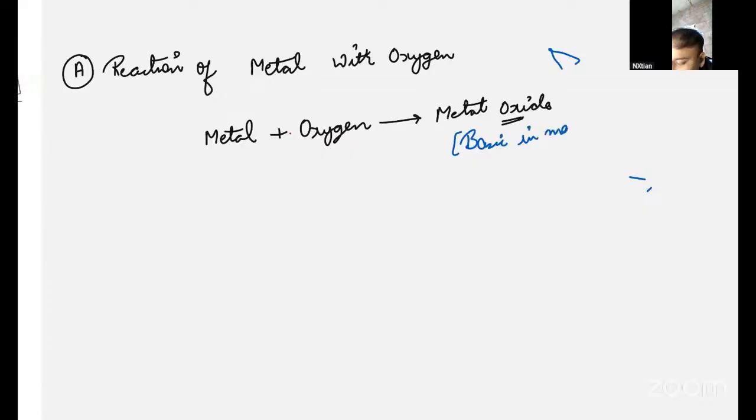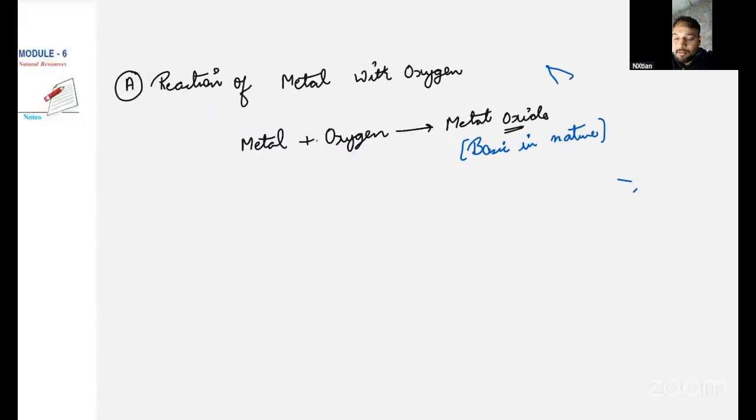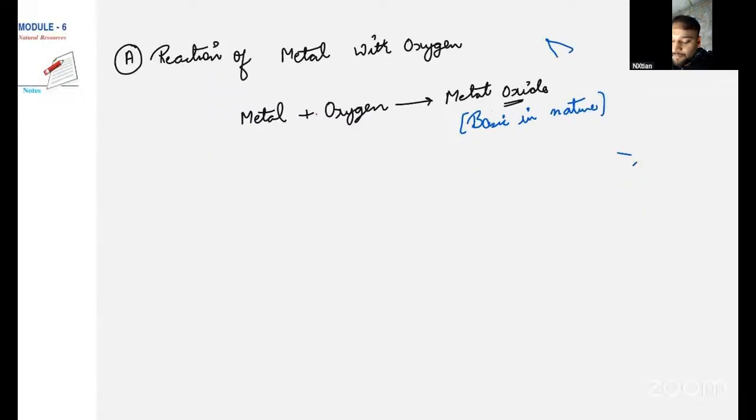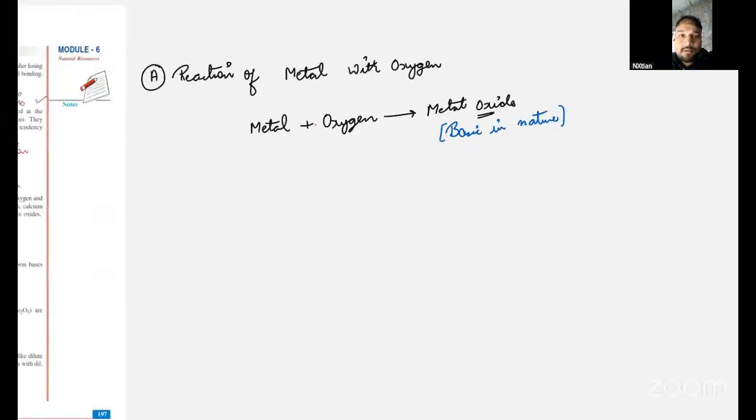When a bee stung me on my hand, my teacher gave me a metal oxide like key and rubbed it. So that metal oxide is basic in nature, children. Got it, guys? If you didn't get it, ask me, beta.